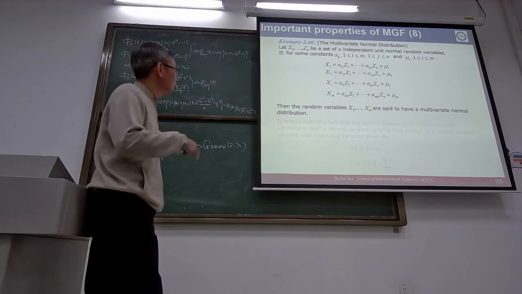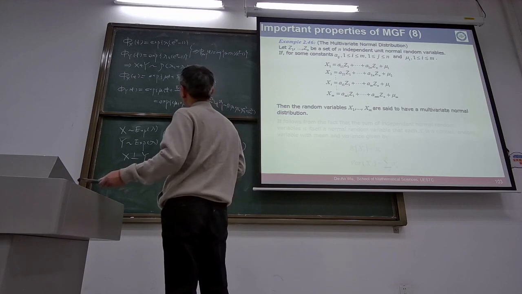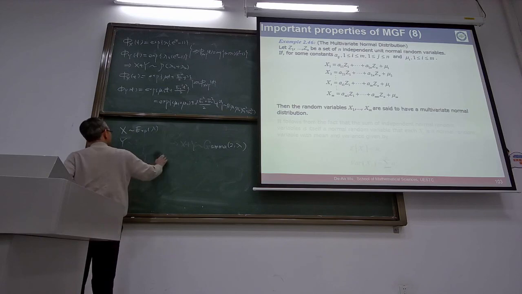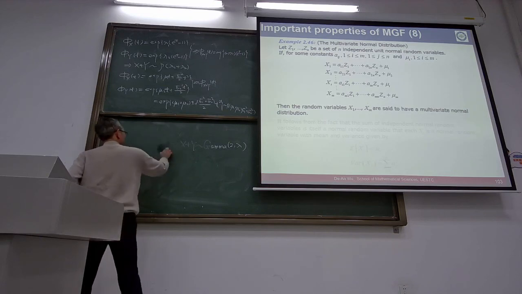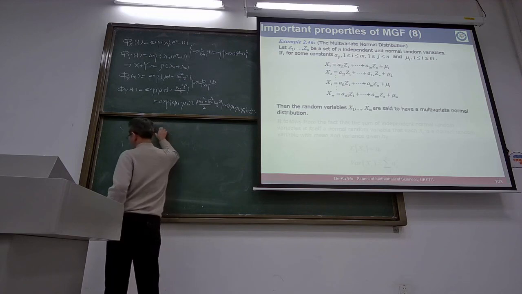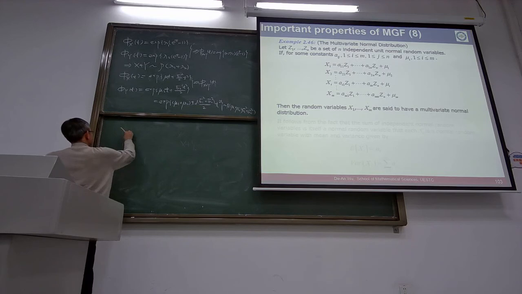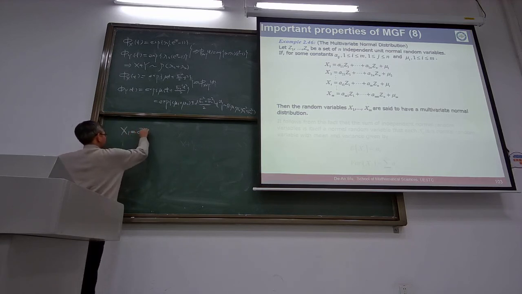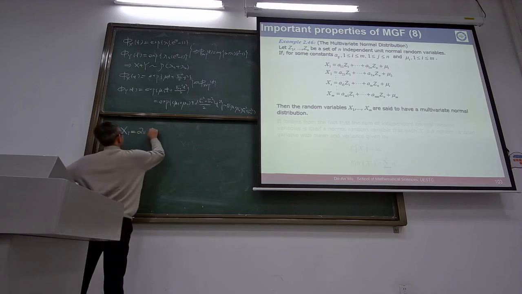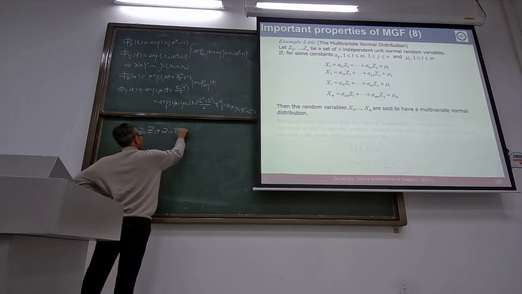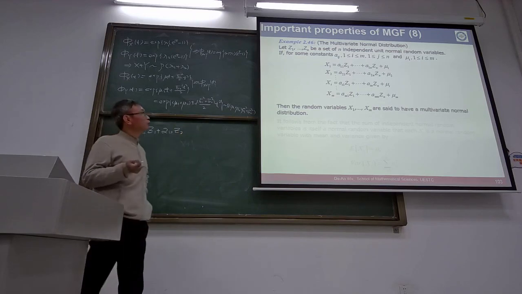Okay, for example, x1 is defined by alpha 1 1 z1 plus alpha 1 2 z2. I just show you a very simple example.